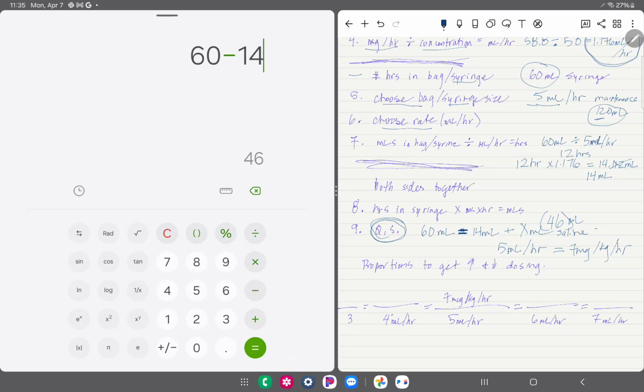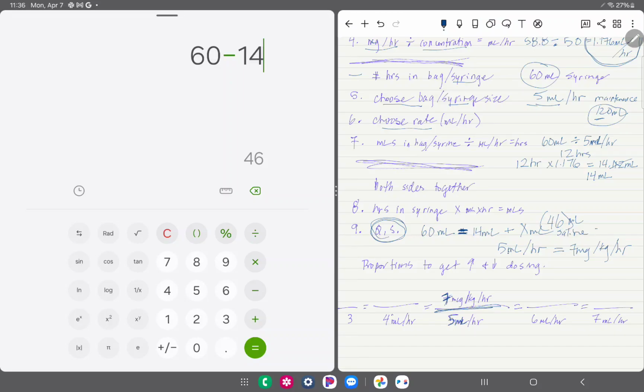If I needed it to run higher or lower, I can do that very easily, but you also have to record it. So what exactly am I running it at? What am I recording it at? Well, again, you already know that 7 mic per kg per hour is going to be the same as 5 mil per hour. Every time I run 5 mils, I'm actually running 7 mic.